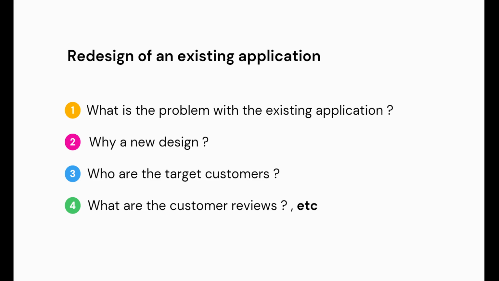You, as a designer, will start by asking what the present problem is in detail. Why are they looking for a new design? Who are the target customers? And what are the reviews and problems the customers are facing with the application, etc. So, depending upon this information, you will understand the why behind the business problem. Since you have no idea about the target customers at all, this will act as a first step in understanding the user goals and needs.